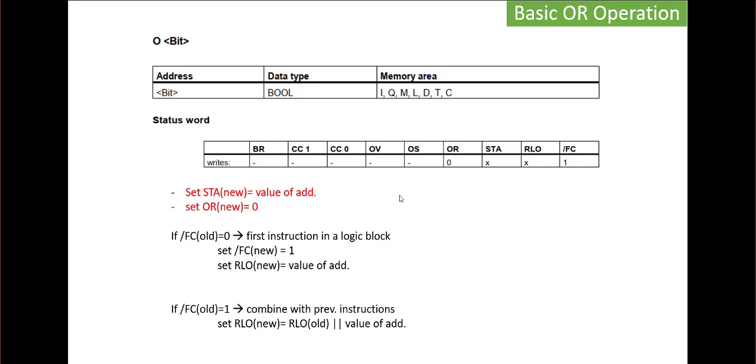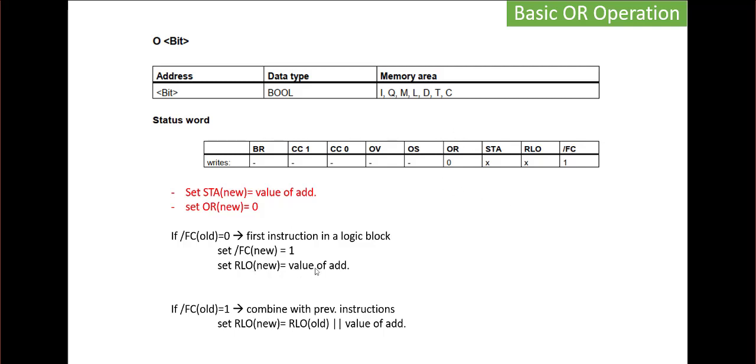Now, what we want to see is how that instruction is executed and how it affects the PLC status word register. For starters, when we discussed the basic AND operation, we said that these two bits, the first check bit and the OR bit, decided how the instruction behaves.